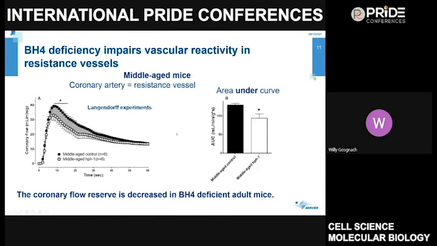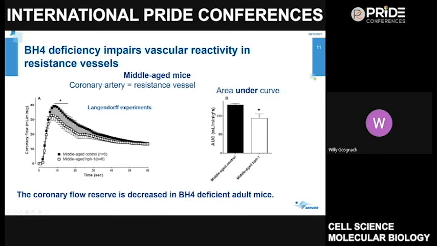In the middle-aged animal, we also looked at the coronary artery vasodilation by using a Langendorff isolated heart experiment. We stopped the flow through the coronary tree, and when we restored the flow, we studied what is called the hyperemia response, that is to say, an important and rapid vasodilation of the coronary artery that goes up to its maximum, and then a second phase when the flow, so the vasodilation, decreases to a normal value.